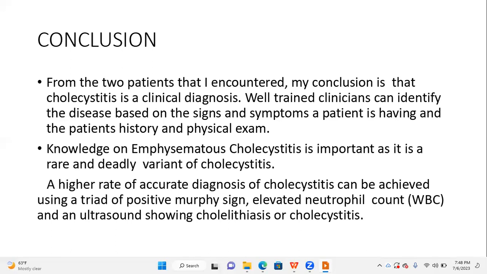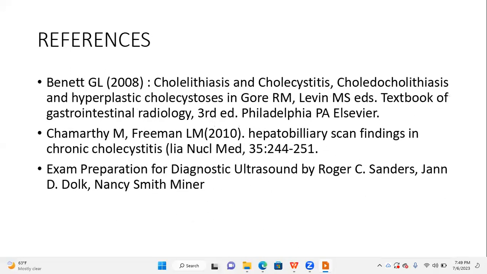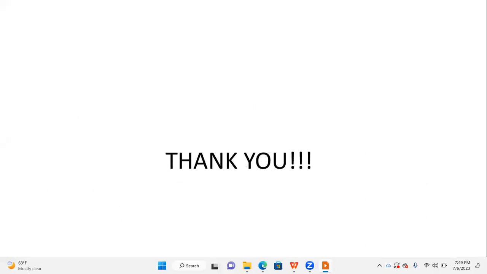Then a higher rate of accurate diagnosis of cholecystitis can be achieved using a triad of positive Murphy sign, elevated white blood cell count, and an ultrasound showing cholelithiasis or cholecystitis. These were my references. You can go through them when you have time. Thank you so much. This is the end of the presentation.